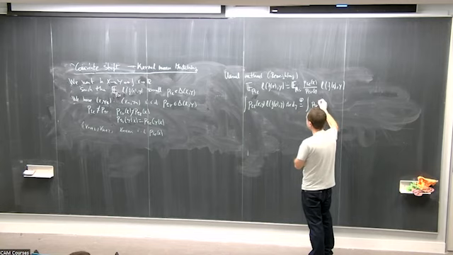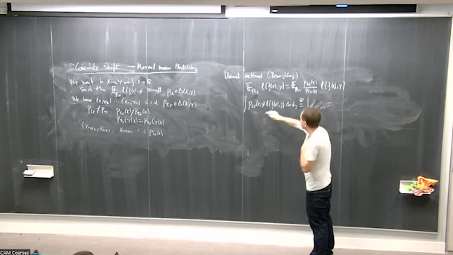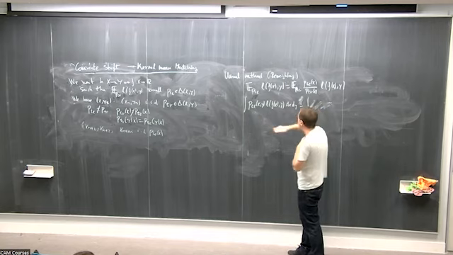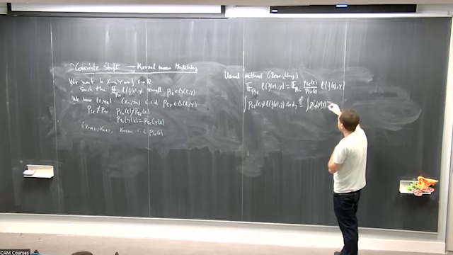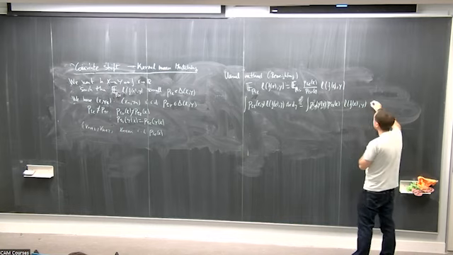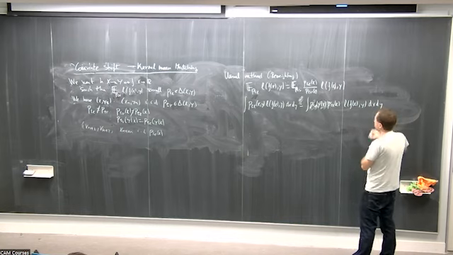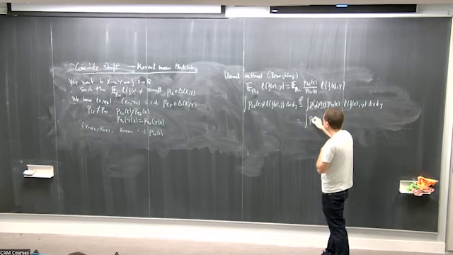Let's do it in a couple of steps. We can decompose the joint distribution as conditional times the marginal. Now, this conditional is the same in training and in test.